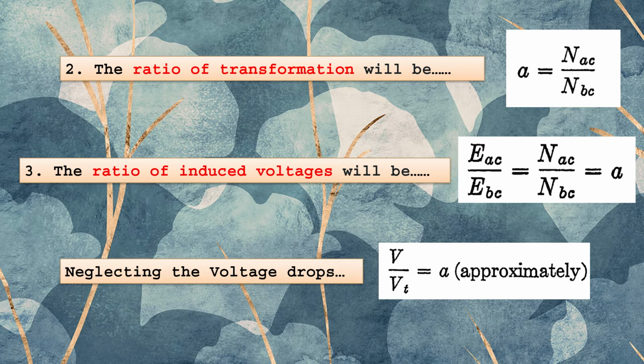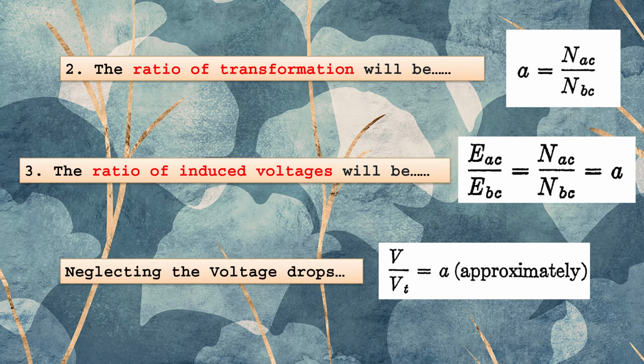So, the third one, we have the ratio of induced voltages. So, same lang din doon sa nakaraan. So, parang nagre-recall lang din tayo nito. So, yung induced voltage, E sub AC over E sub BC is also equivalent to the ratio of transformation, which is equivalent to N sub AC over N sub BC.